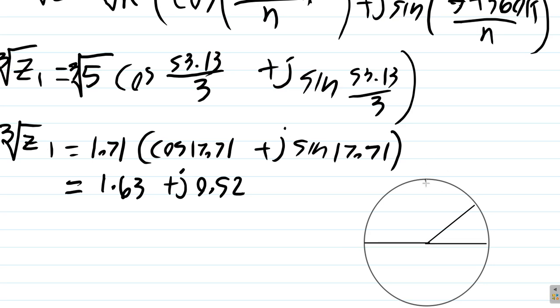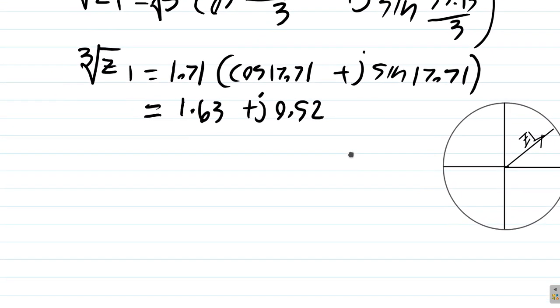Let's draw our 4 quadrants for the circle. We have our first cube root. So this is Z1, represented by our first cube root.